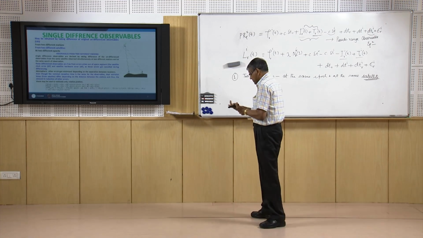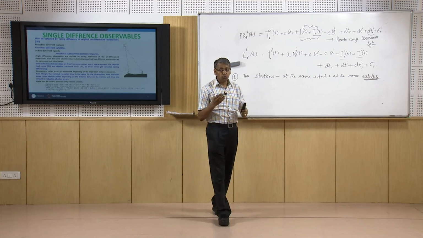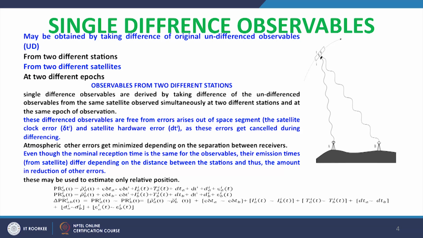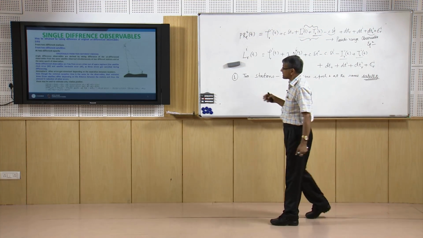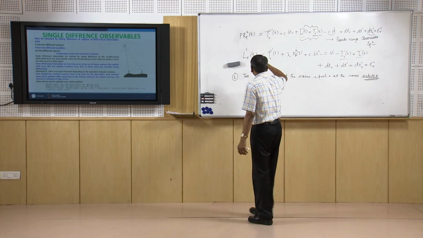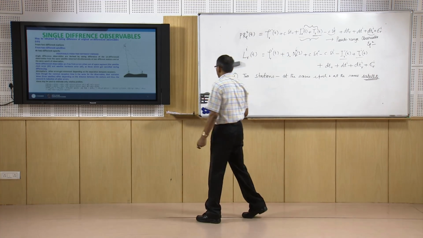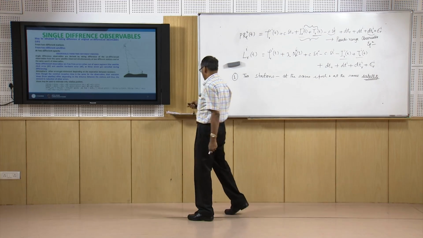If the distance between the receivers is small, say 1 or 2 kilometers, then the signals are expected to move through an identical atmosphere. So the ionospheric and tropospheric errors are expected to be the same, and when we take the difference they will cancel out. This is a method generally used for relative positioning.